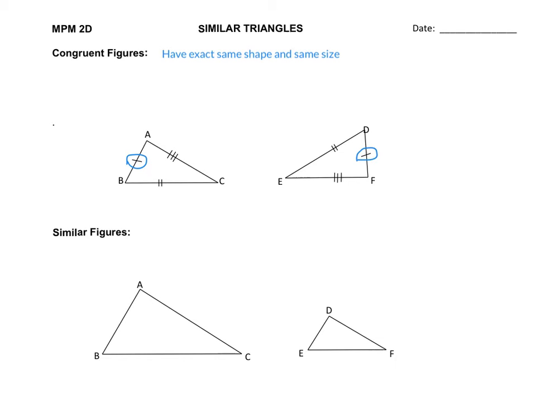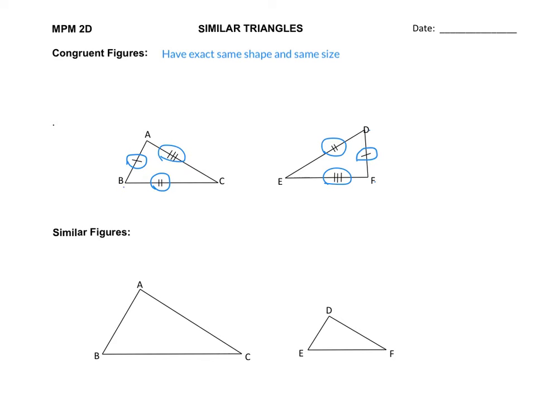Similarly, side BC will match up with this side, and side AC matches up with this side length. So in this case, we have the side connecting A to B matching with the side connecting, and I'm going to call it FD. Now there's a reason why I'm calling it FD.